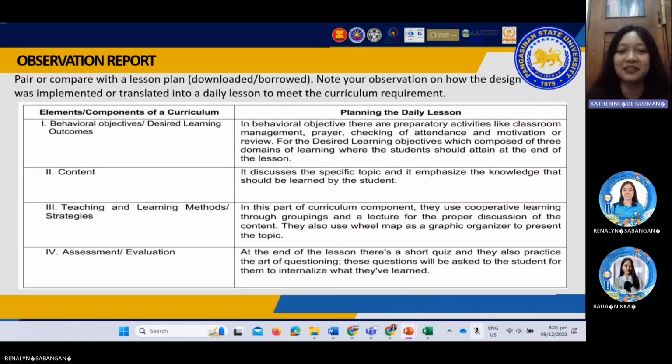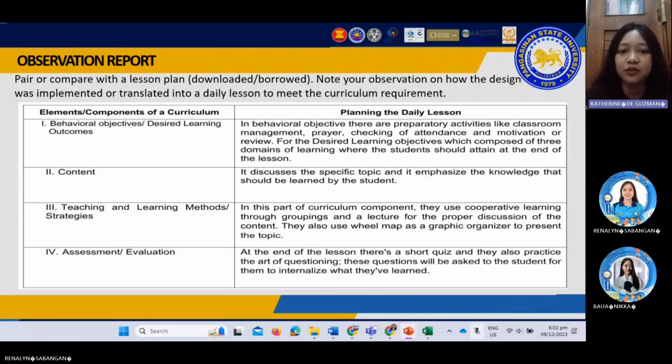For our second observation report, pair or compare with a lesson plan, downloaded or borrowed. Note your observation on the design and on how it was implemented or translated into a daily lesson to meet the curriculum requirement. The first one is under the elements or components of a curriculum.